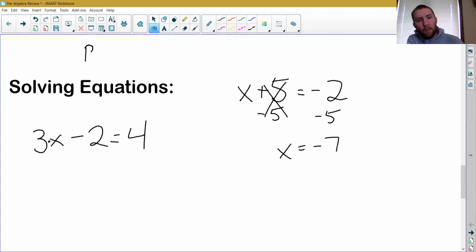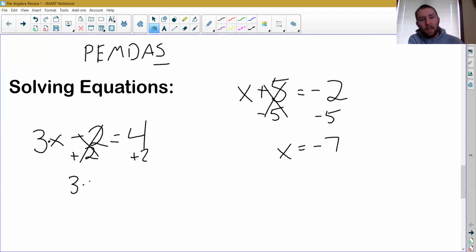Remember that when we solve equations, we deal with the order of operations backwards, which means we're always starting by looking for subtraction or addition, and we undo those first. So I undo the subtraction with addition by adding 2 on both sides. 3 times x then is equal to 6. Then I undo the multiply by dividing, right? Because that's the opposite of multiply. Divide by 3, and I get x is equal to 2.